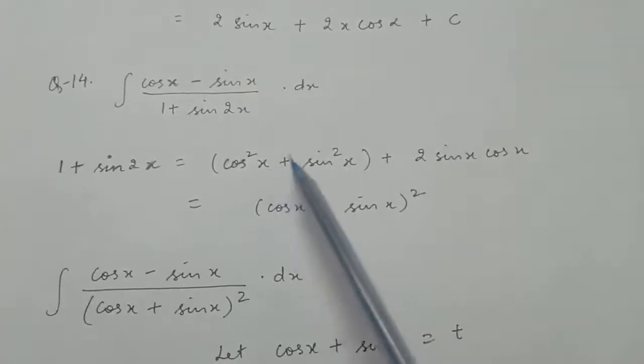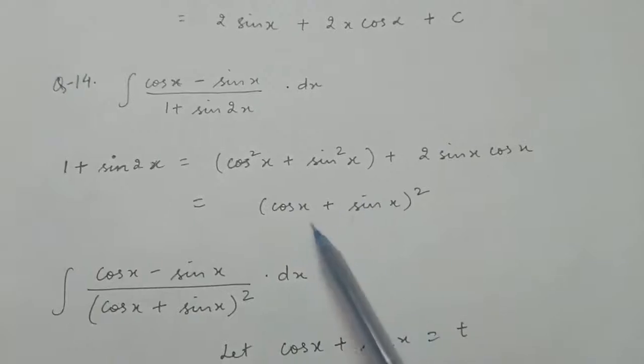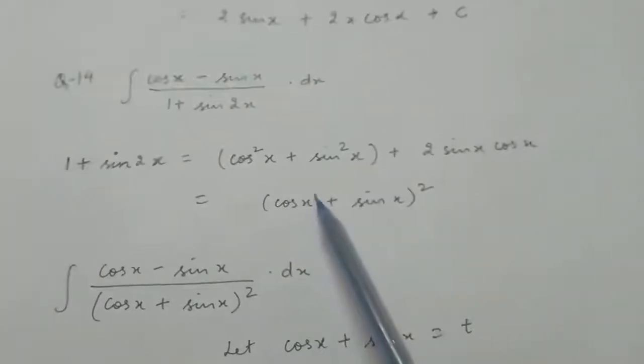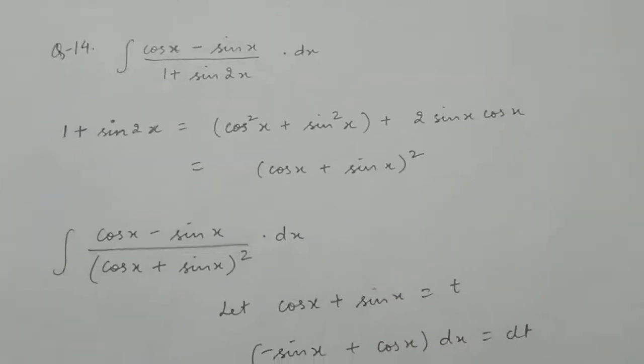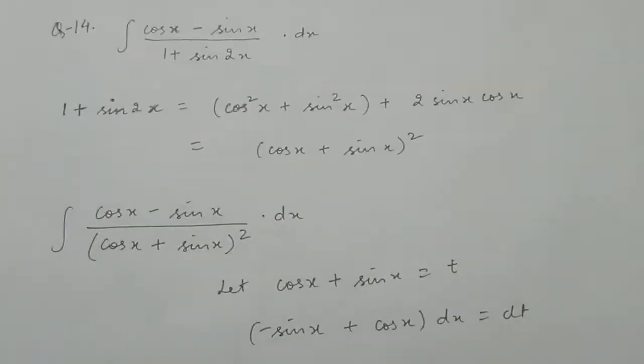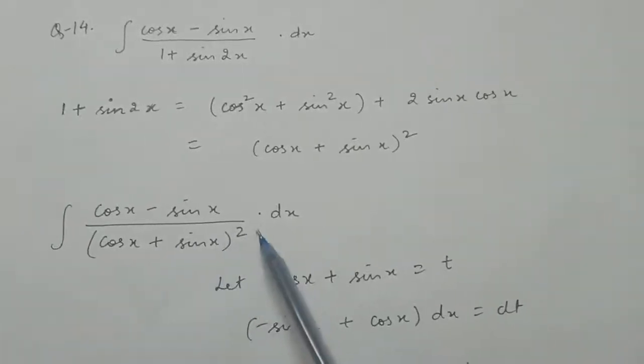Now this is a square plus b square plus 2ab, which is the identity of a plus b whole square, and here a is cos x, b is sin x, right? Now in place of 1 plus sin 2x in the denominator, we can write cos x plus sin x whole square.